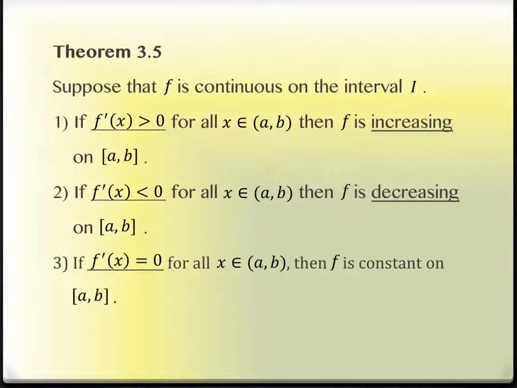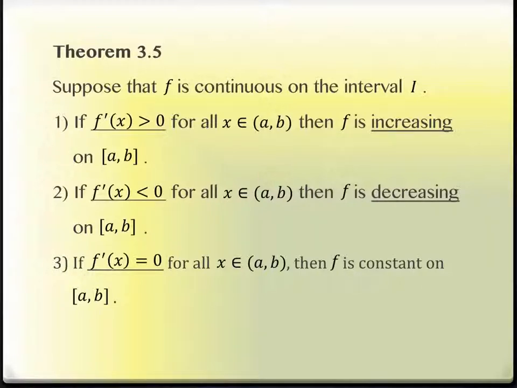If that happens, then the graph is increasing on that interval. And if the derivative is negative, then the graph is decreasing. And if you have a portion of the graph, or even just a single point potentially, where the derivative is equal to 0, it would be constant on that interval.